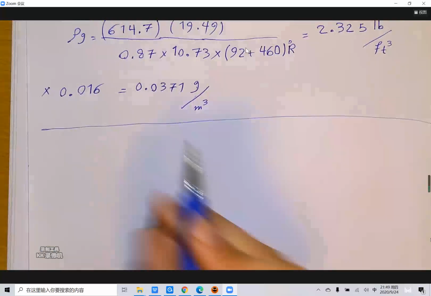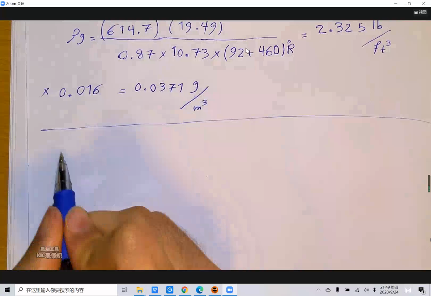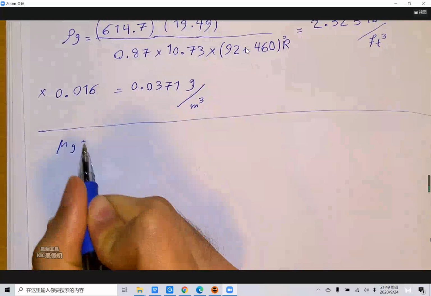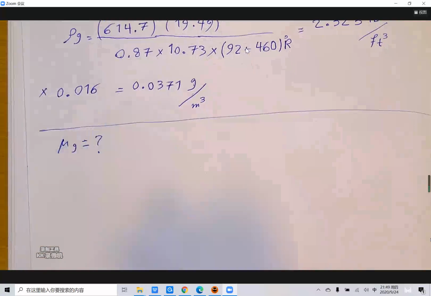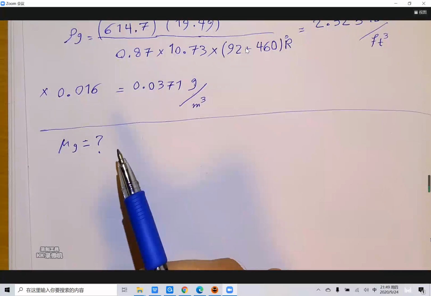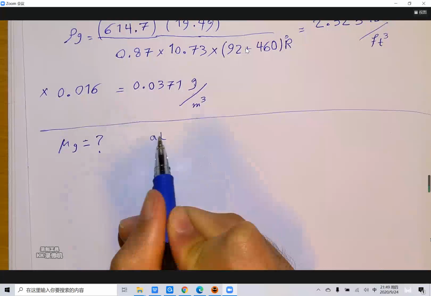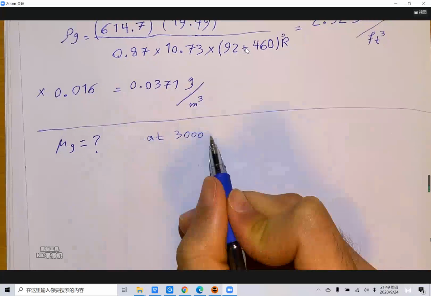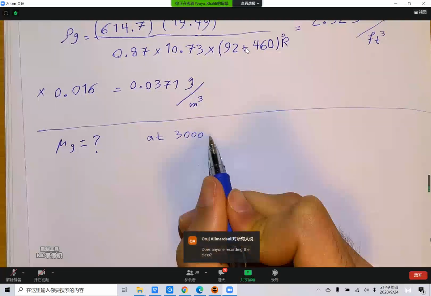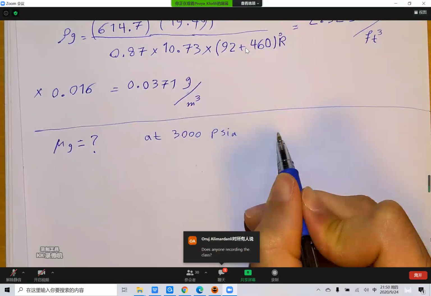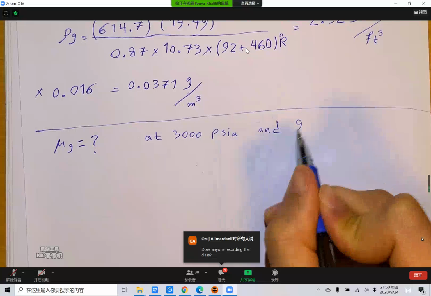Find the viscosity of the gas at the 3000 psi pressure and the 92 Fahrenheit temperature.